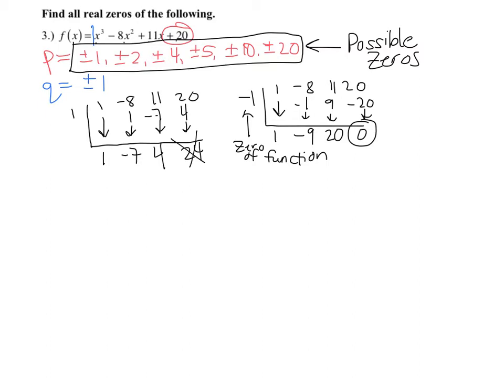Okay, so now I'm going to pull out all of the useful information from these values. So what this is telling me is my first factor would be x plus 1. Because when I set this equal to 0 and solve, I'd subtract the 1 and get the negative 1 that I now know is a 0. And then I pull out my other coefficients, so this means x squared minus 9x plus 20.